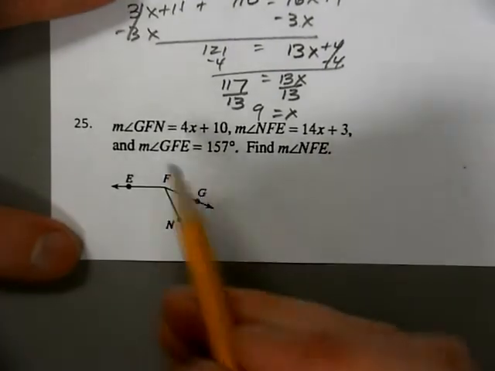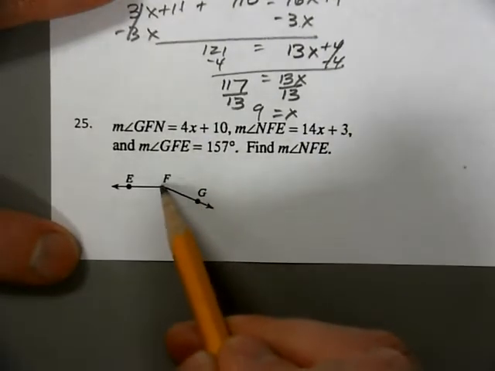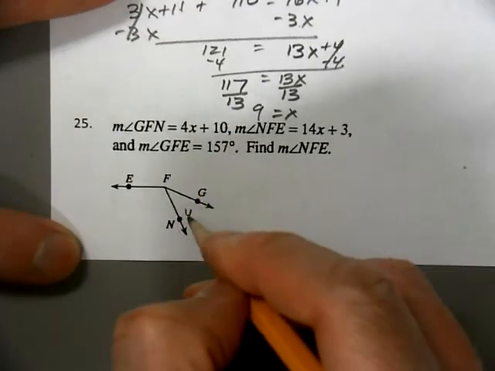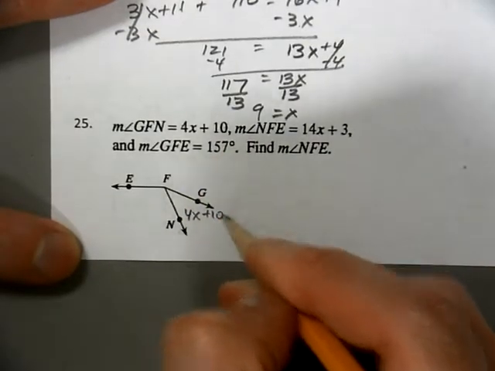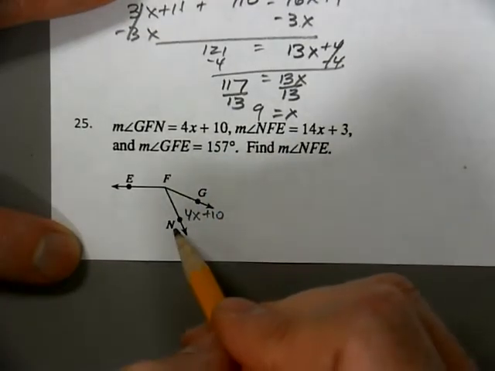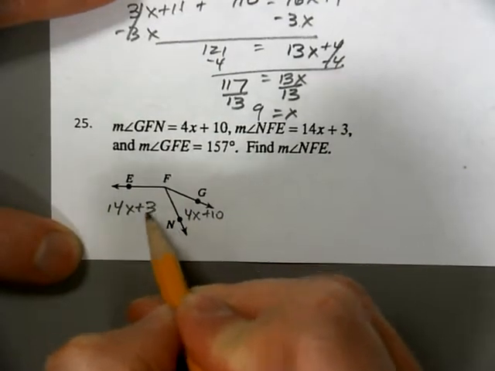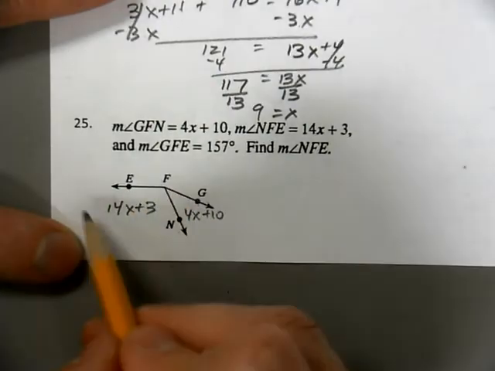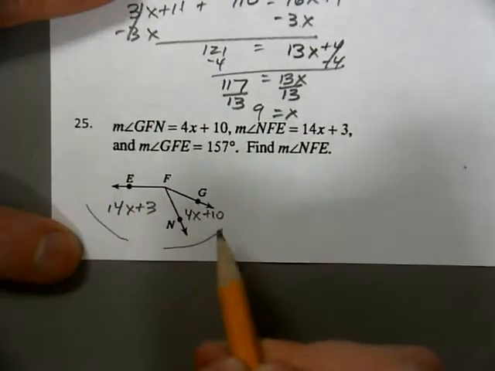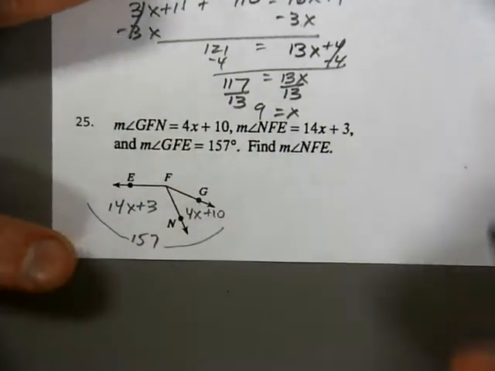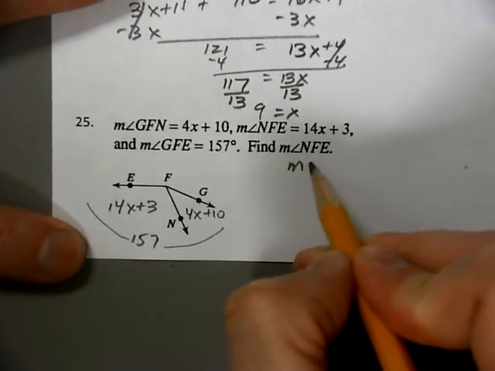Then our last question, we know that GFN is 4x plus 10. Angle NFE is 14x plus 3. And GFE is 157.